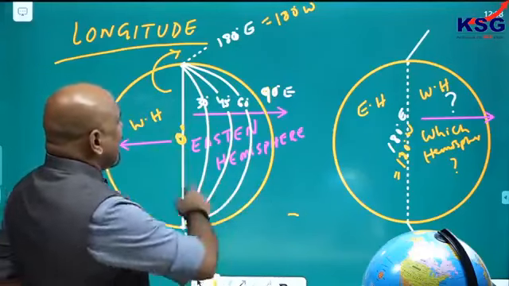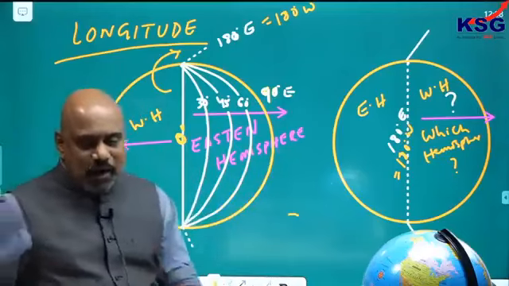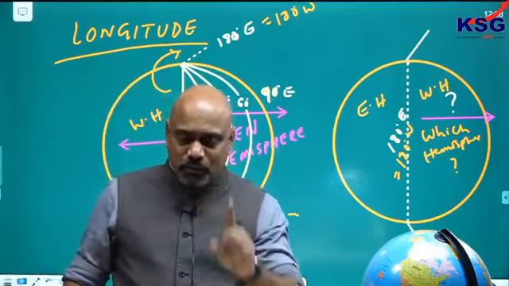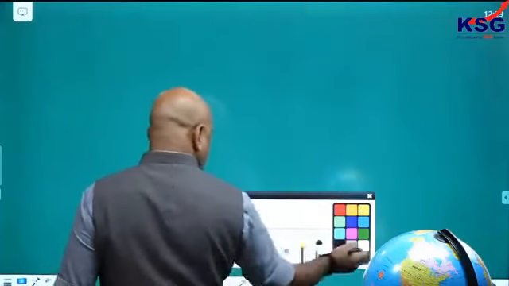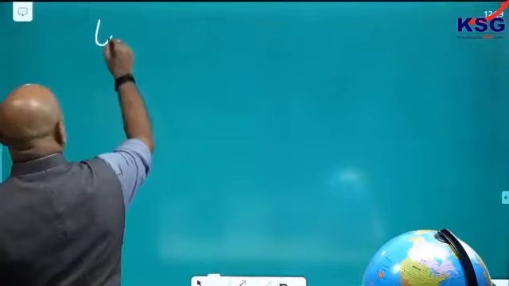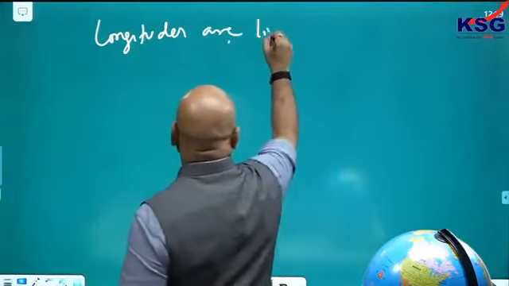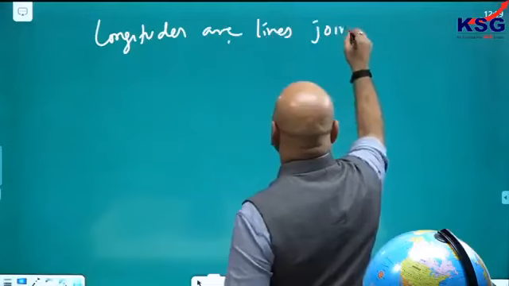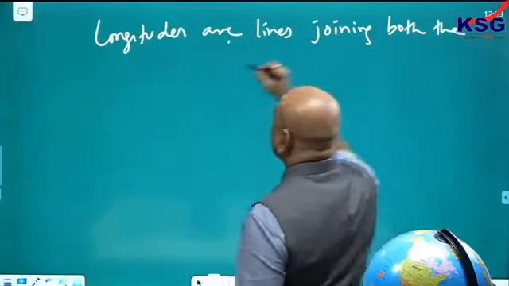See here, you see this longitude. Longitudes are lines and arcs joining both the poles. First point, you note down here. Longitudes are lines joining both the poles.